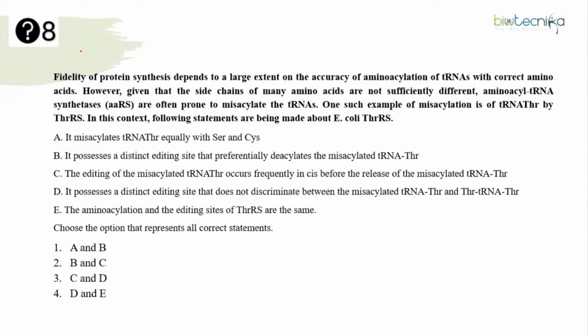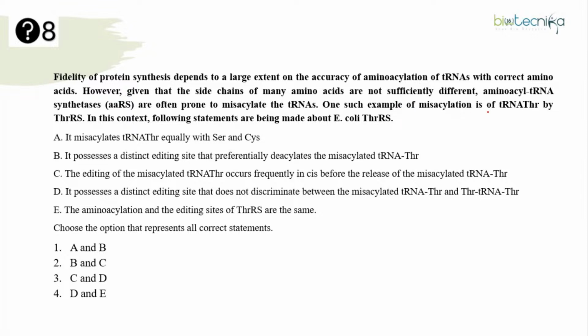Question number 8. Fidelity of protein synthesis depends to a large extent on the accuracy of aminoacylation of tRNA with correct amino acids. However, given that the side chains of many amino acids are not sufficiently different, amino acyl tRNA synthetases are often prone to misacylate the tRNA.